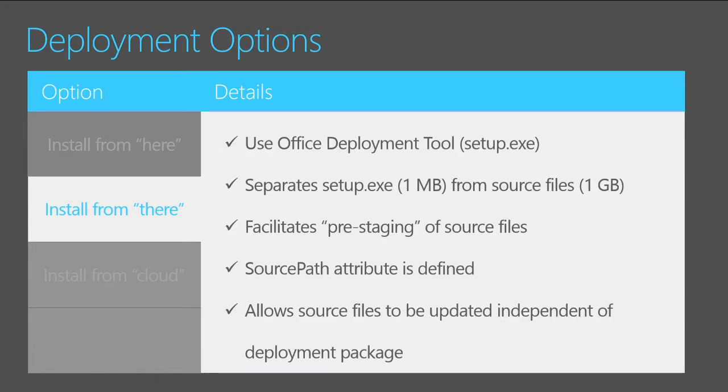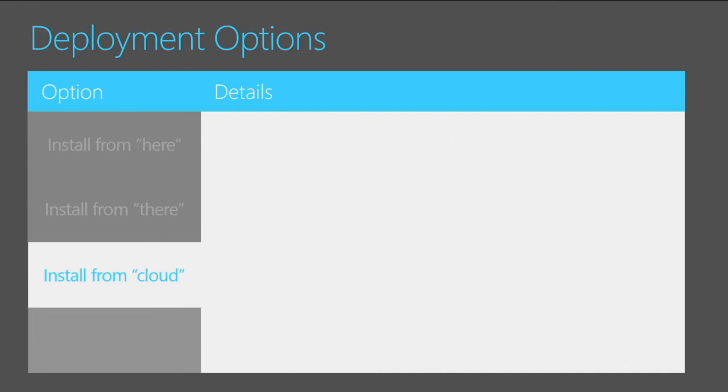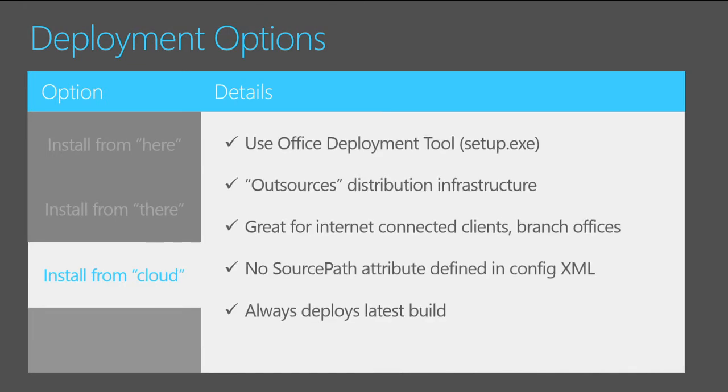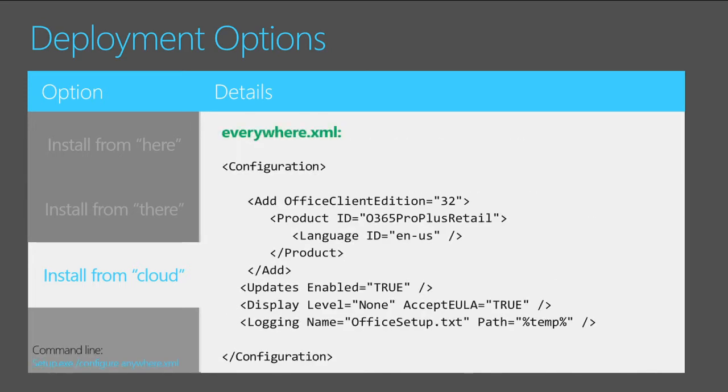If I'm going to get it directly from the cloud, well, guess what? The configuration file for that is actually really similar to the first configuration file. It's identical. Because the way the Office Deployment Tool works, if it doesn't find the source bits on the local drive from where it's being executed, it actually goes to the cloud.